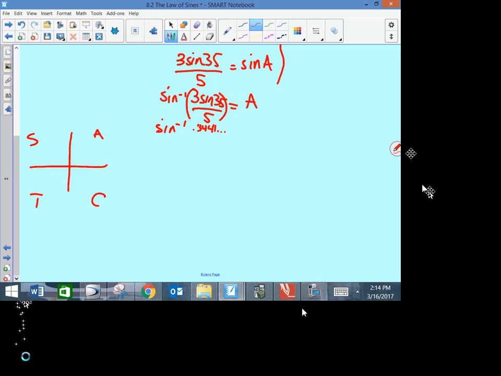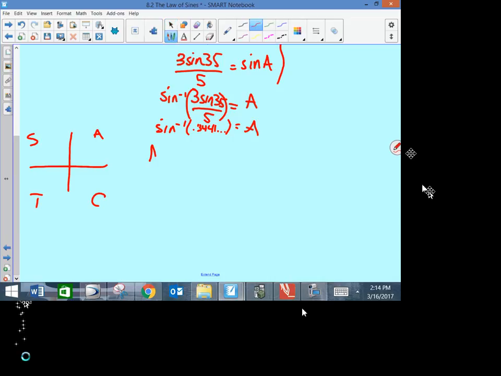I'm just going to write that as dot, dot, dot, which means I don't want to use the rounded version. If I have a sine of A equals positive, where am I for A? First quadrant or second quadrant? So that's your ambiguous case. We have to check.